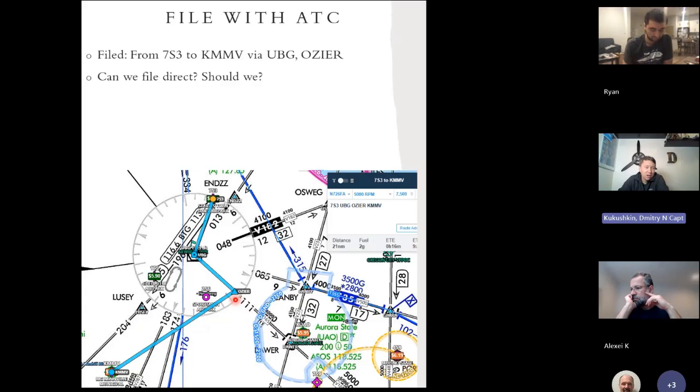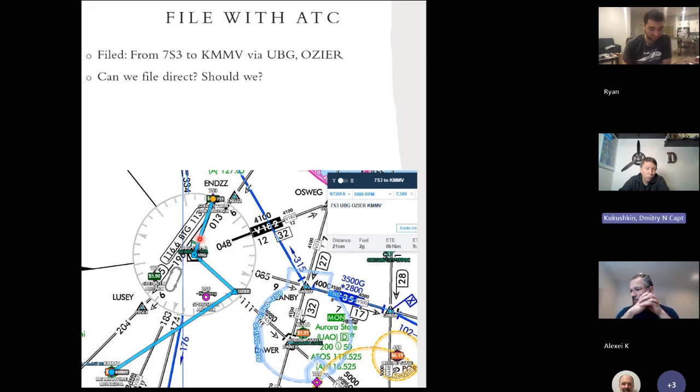So when thinking through what you file, try to predict what will be approved and also what's convenient to request. In this case, for the training flight that I posted on video, I filed Newburgh, then Auger, then McMinnville.